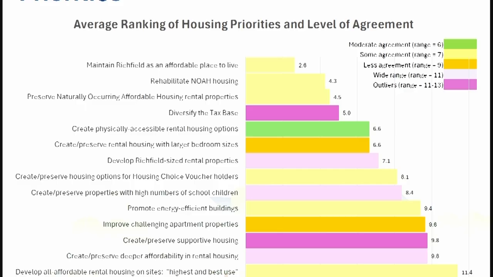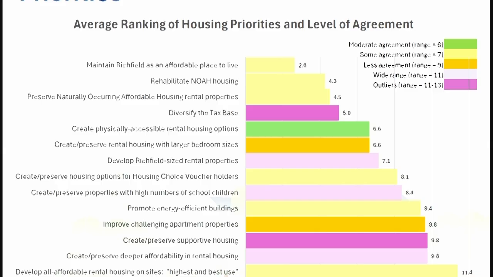So the highest priority with moderate agreement is to maintain Richfield as an affordable place to live. Rehabilitate and preserve NOAA housing were the next two priorities, also with moderate agreement. Diversify the tax base was a high priority, but there were a couple of outliers which lowered its priority ranking.